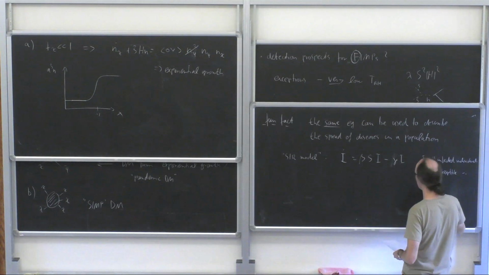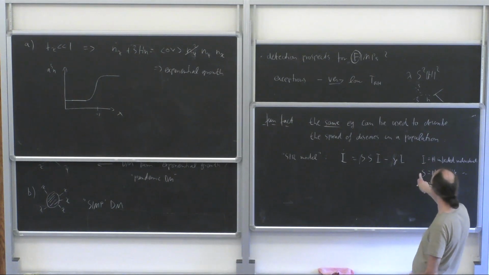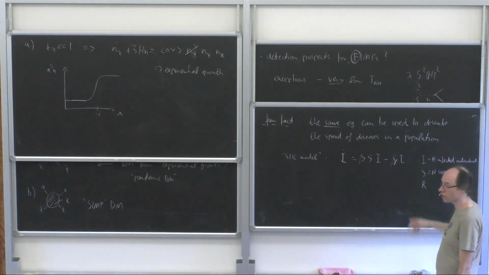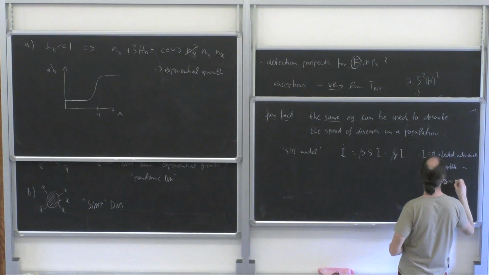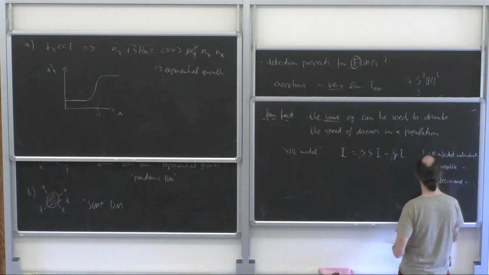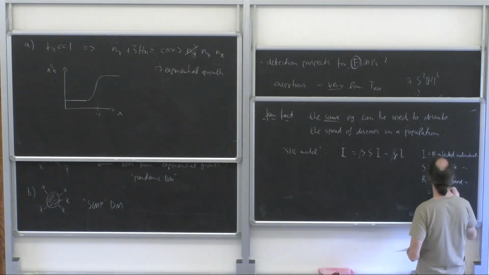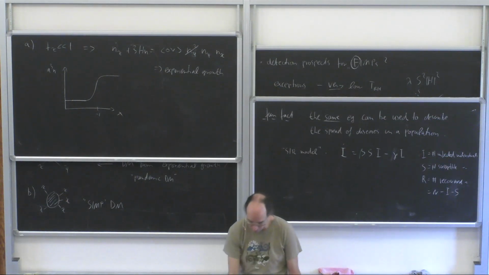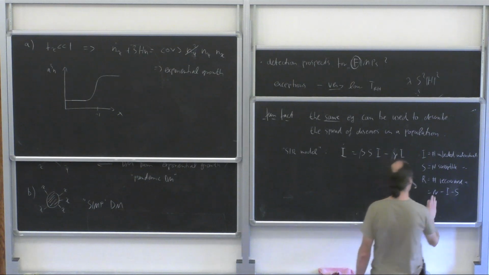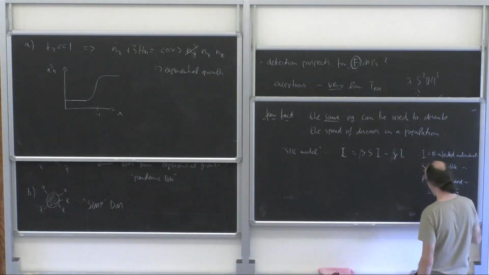And R, so the total number minus S minus I, is the number of recovered individuals. So, let's say it's tot. So this is the total number.